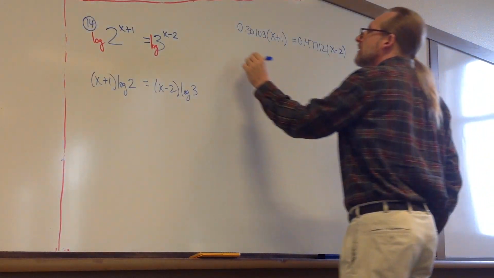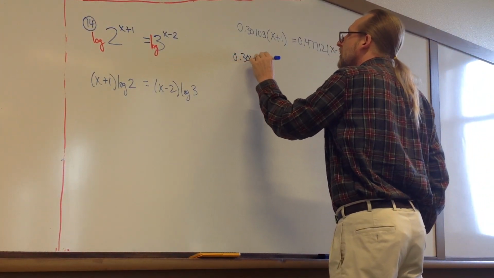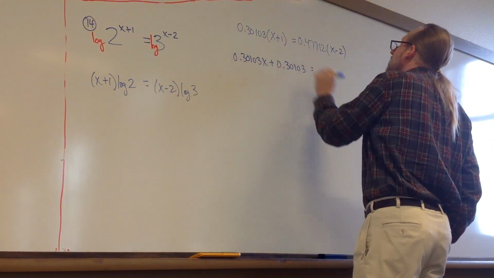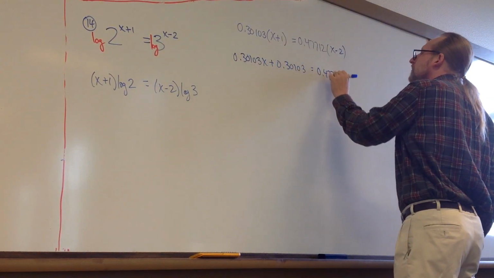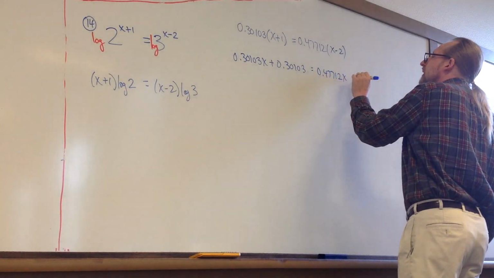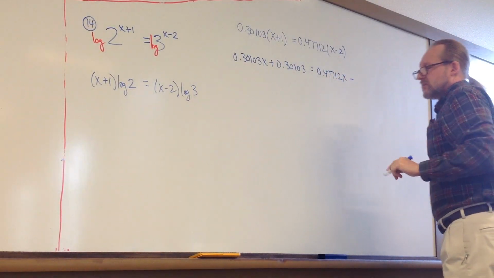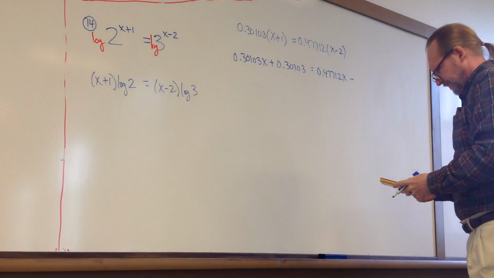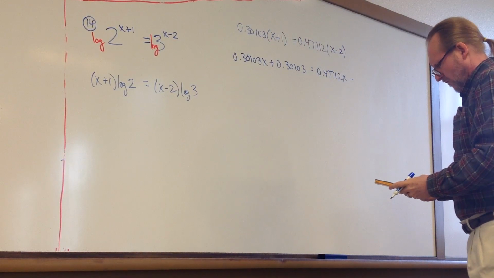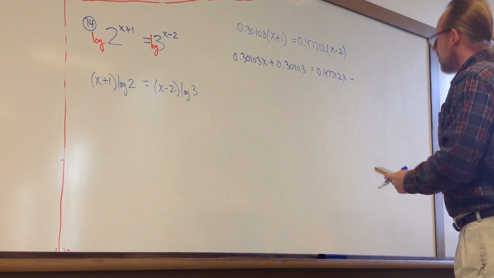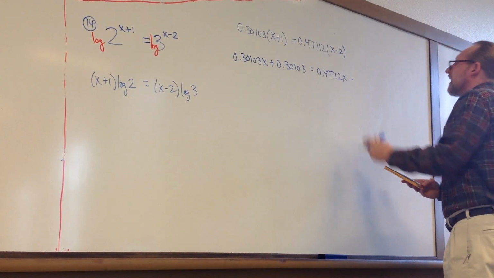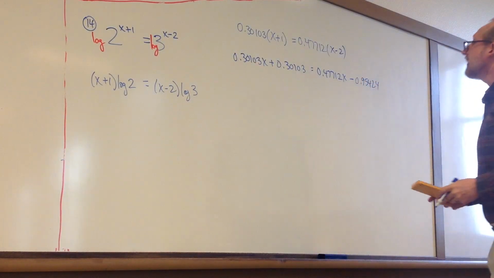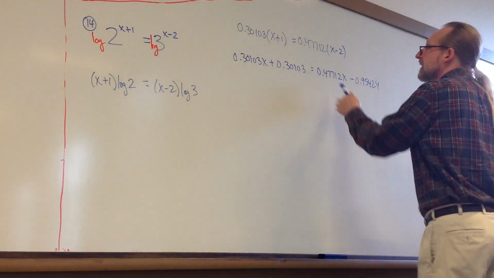Okay, so this will be 0.30103x plus 0.30103, and over here 0.47712x minus, let's go ahead and just multiply here. And so that'll be 0.95424. Okay, great.